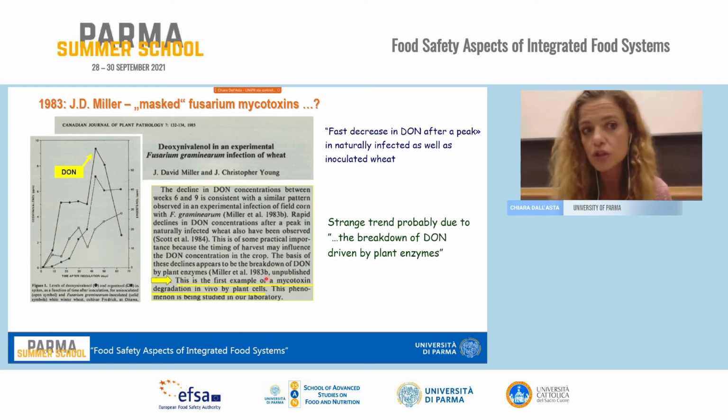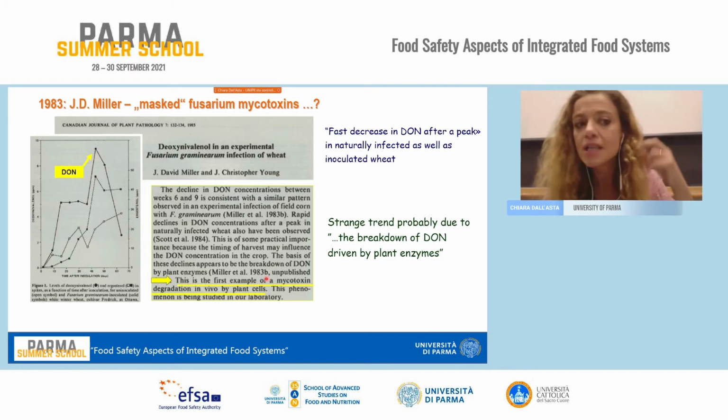Maybe this strange or unexpected trend is due to the breakdown of deoxynivalenol driven by plant enzymes. So somehow he hypothesized a metabolism, but it was not proven. The technology, the methodologies, the tools available at that time didn't allow him or the community to go on this road.